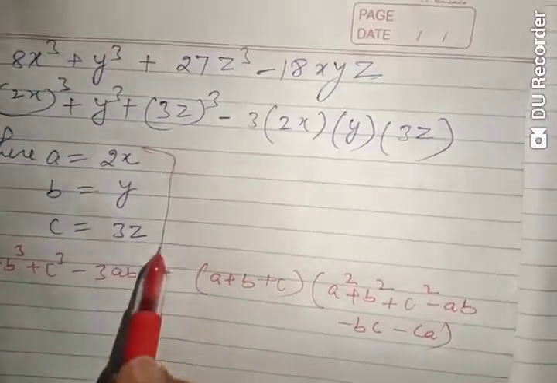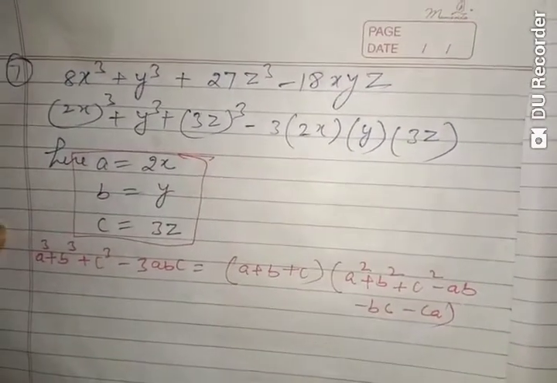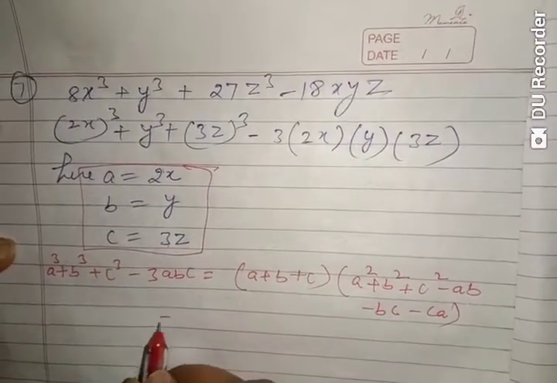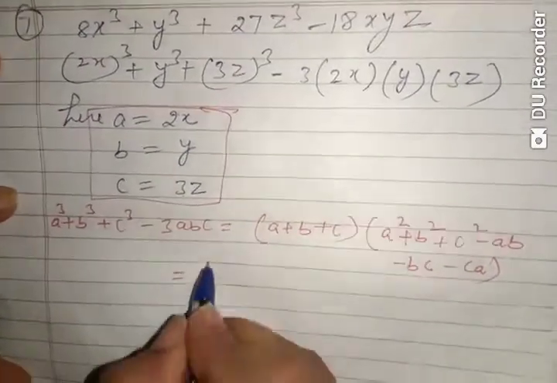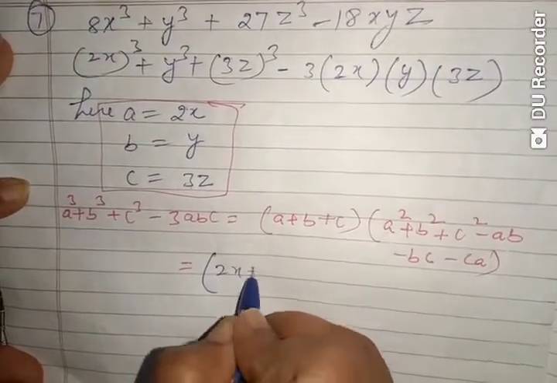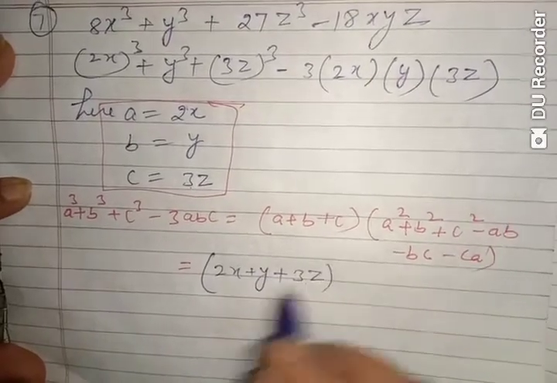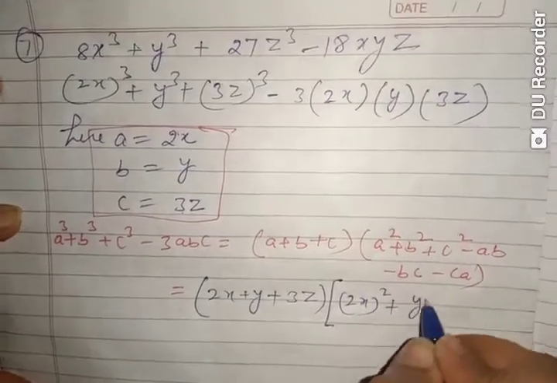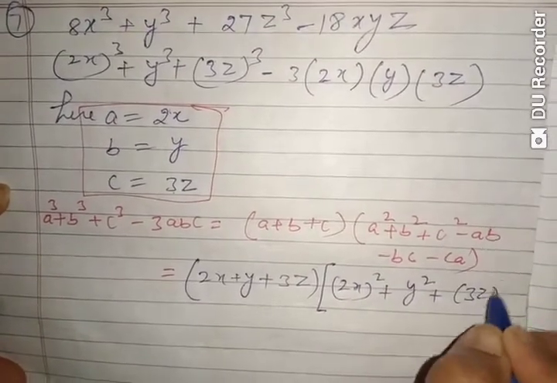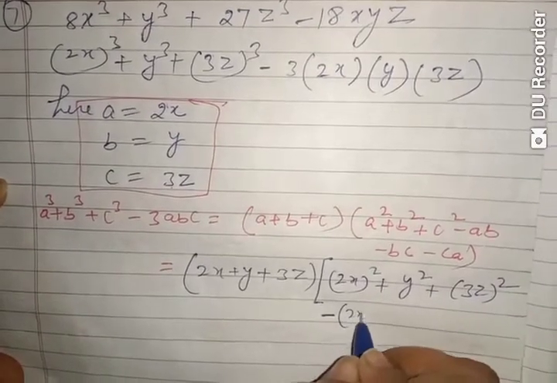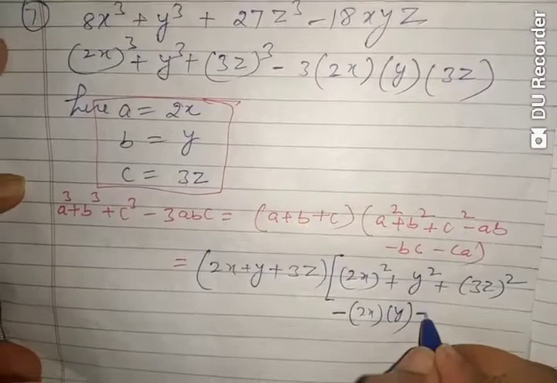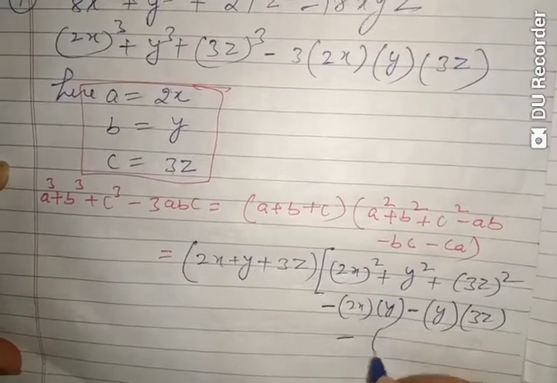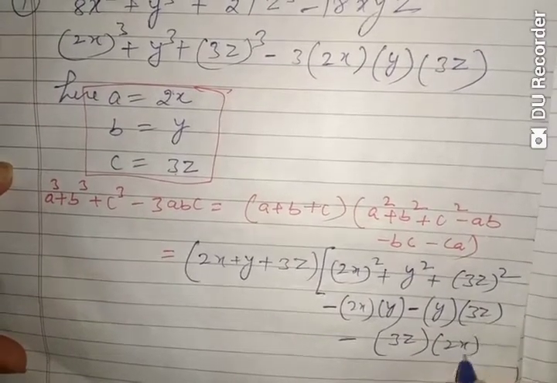Once we have got a, b, c, no need to see on the left, just pick up these and write here in this right hand side. First bracket says a plus b plus c. Second bracket says a square, then b square, then c square, then minus ab in multiplication, then minus bc in multiplication, then minus ca in multiplication.